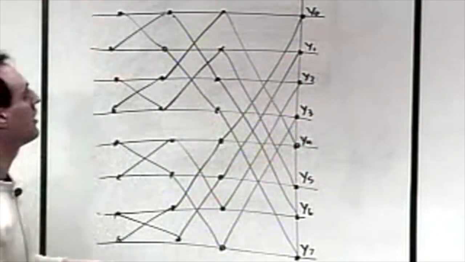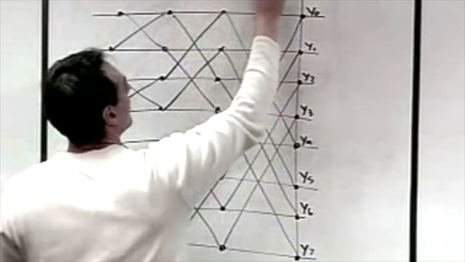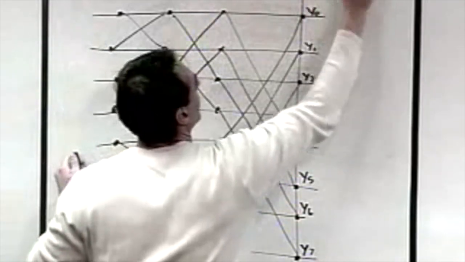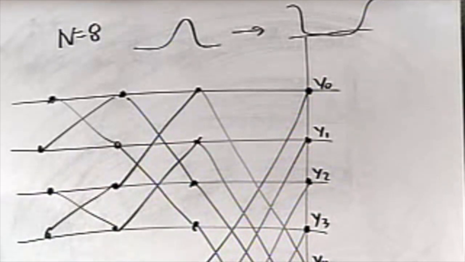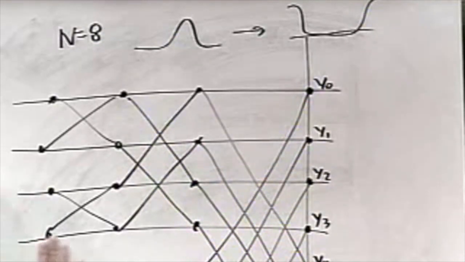So when you take the Fourier transform, remember, of a Gaussian, you end up with that, right? And this is why, because it has this butterfly structure in it. The reason they leave it in the butterfly structure is because it's part of the algorithm that makes it go fast.